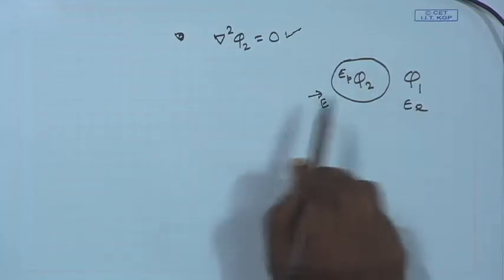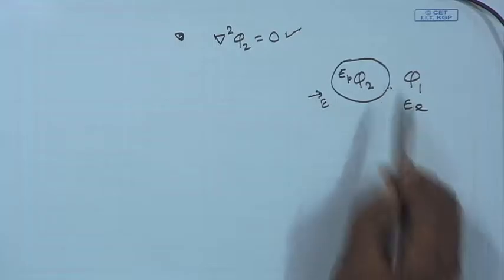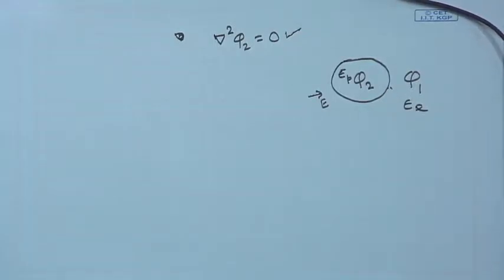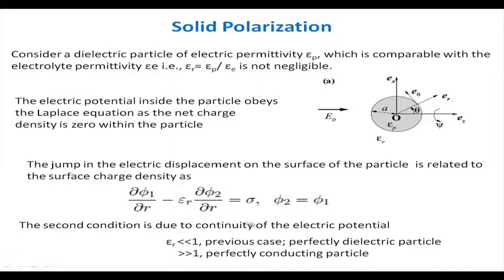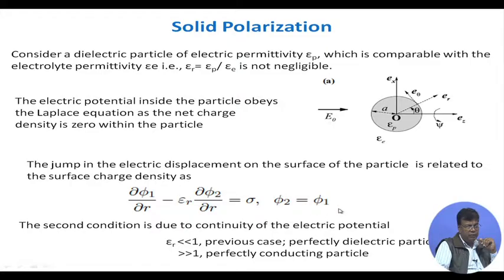So, del squared phi 2 equal to 0, but on the surface of the particle, the electric displacement condition that we derived in the very beginning will be governed this way. This is for the continuity of the potential, phi 2 equal to phi 1, and there is the electric displacement condition. Phi 1 is the one which satisfies the Poisson equations.